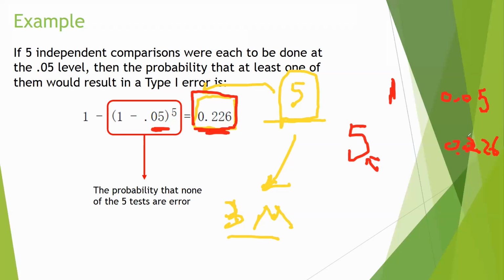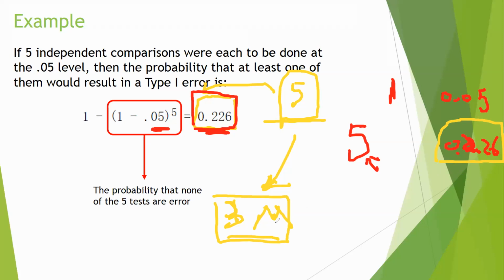Which means if you use 0.05 for testing these 5 loci, you have a 0.2 probability to make a mistaken call, or an incorrect call.